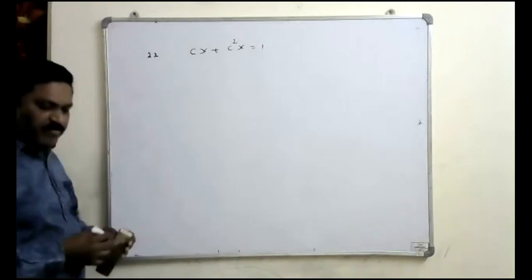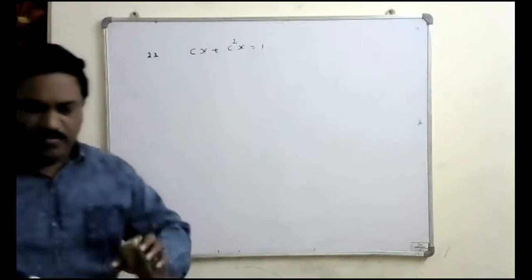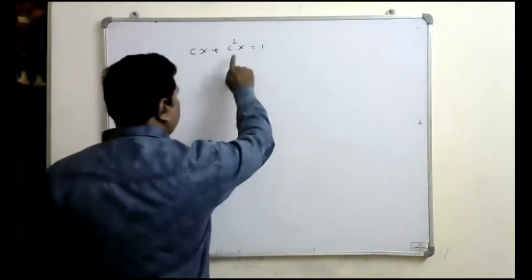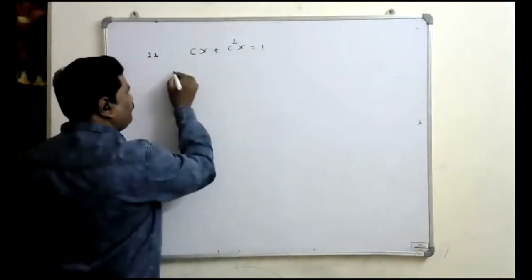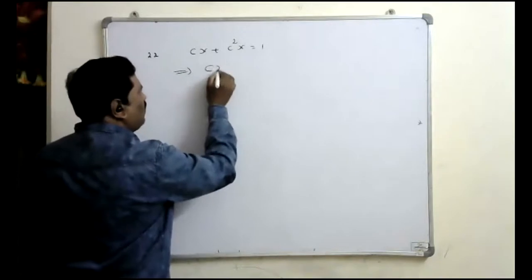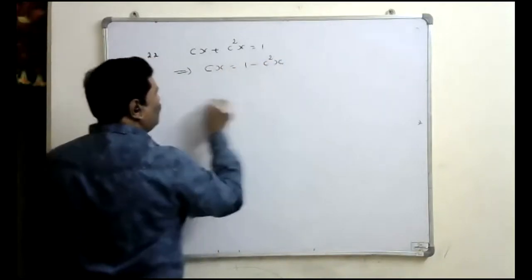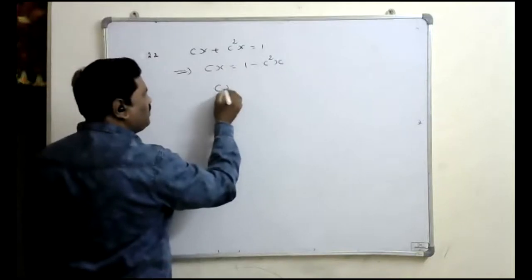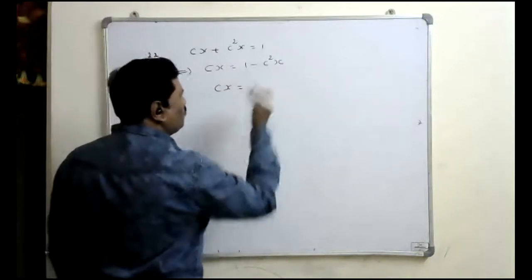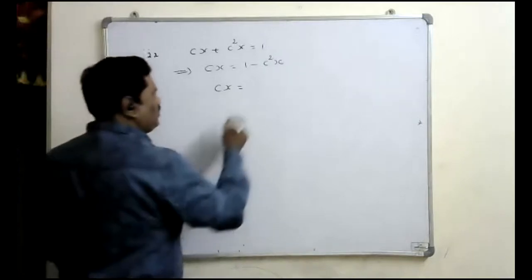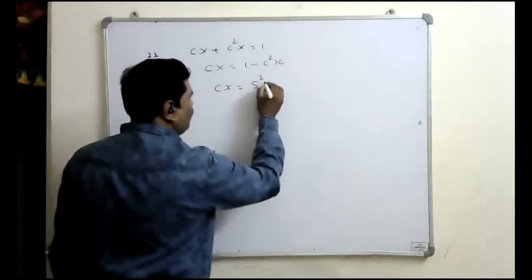Then you have to find the value of sin square x plus sin power 4x. To find this, send cos square x to the other side, then it becomes 1 minus cos square x. So cos x is equal to, how do you write 1 minus cos square x? Sin square x.